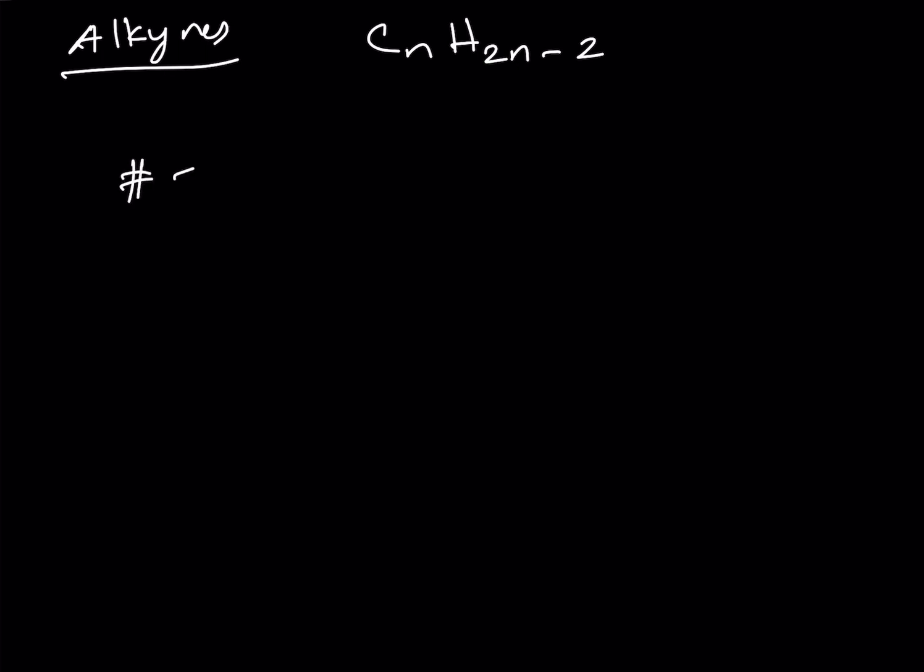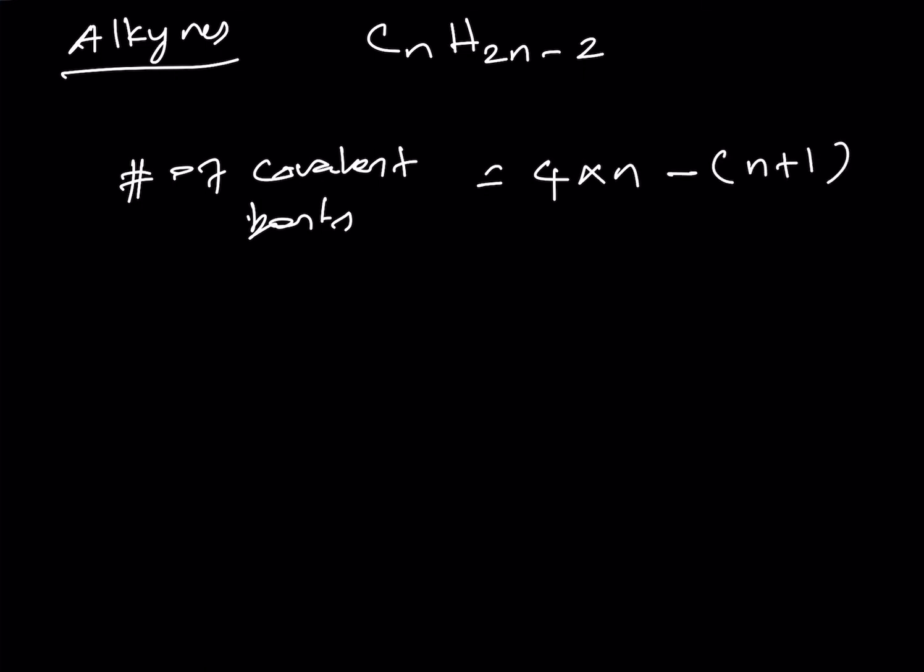Let's move on to alkyne. Alkynes are molecules with the general formula CnH2n minus 2. So here the number of covalent bonds equal to 4 times n minus n plus 1. Let us cross check that.